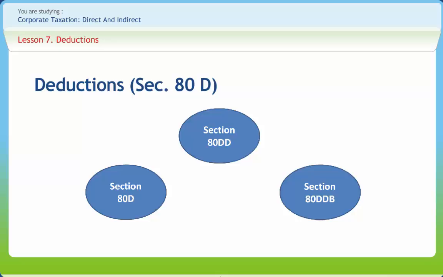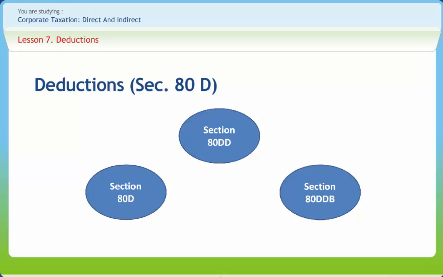Where the assessee is an individual, the sum referred to in subsection 1 shall be the aggregate of the following, namely, the whole of the amount paid to effect or to keep in force an insurance on the health of the assessee or his family as does not exceed in the aggregate 15,000 rupees, and the whole of the amount paid to effect or to keep in force an insurance on the health of the parent or parents of the assessee as does not exceed in the aggregate 15,000 rupees.